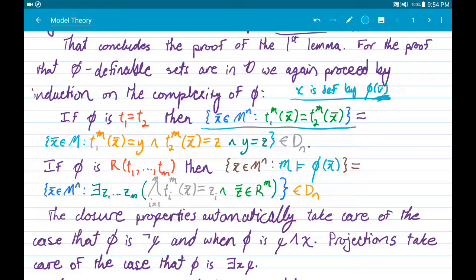So this set of elements, though, can be redescribed in terms of a certain conjunction, and because this is a conjunction, this amounts to intersecting several sets, and we know that the set of all of these D's is closed under intersection, also union, so we get to use disjunction and so on.